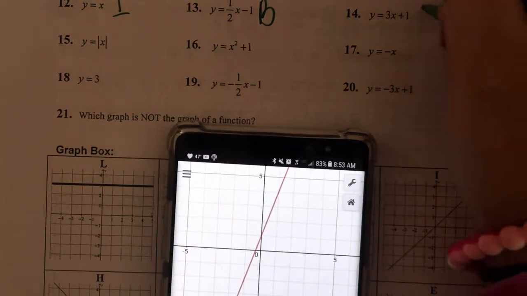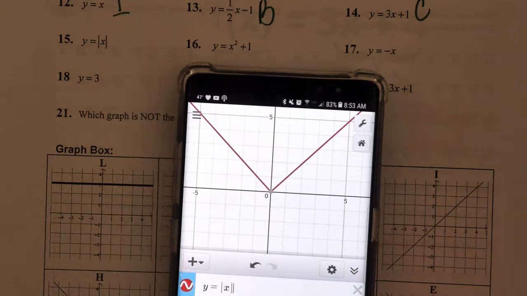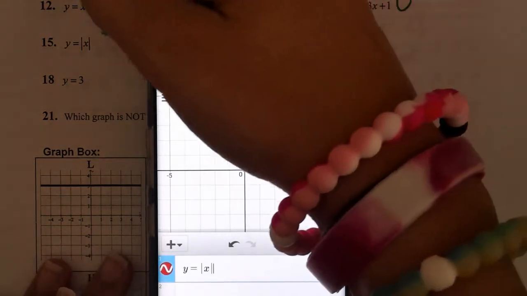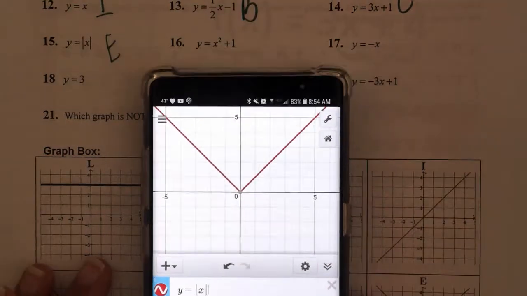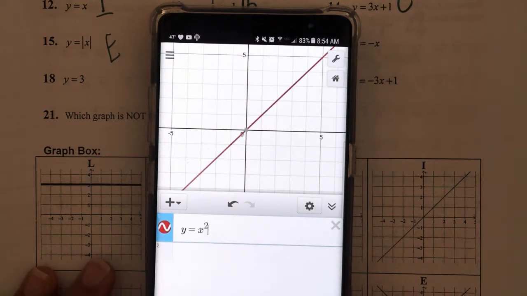C. Good job. Alright, here's how you would graph absolute value of x. Alright, x squared plus 1.